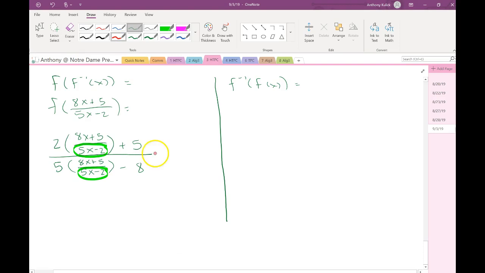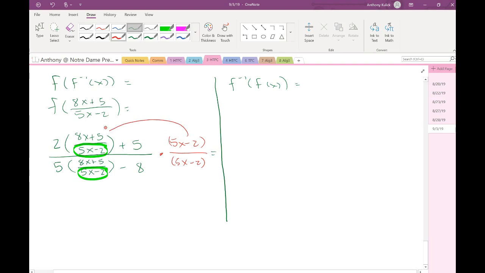So in this case, there's only one denominator. It's 5x minus 2. So I'm just going to multiply the top and bottom of this fraction by 5x minus 2. That's still multiplying by 1, so it doesn't change the value of anything. It's okay to do that.